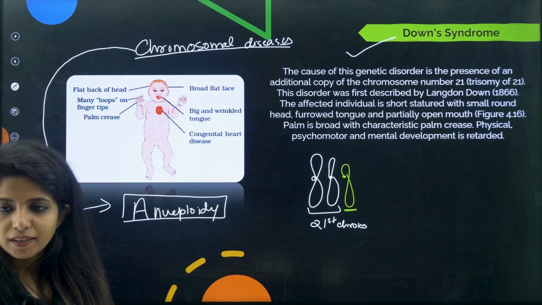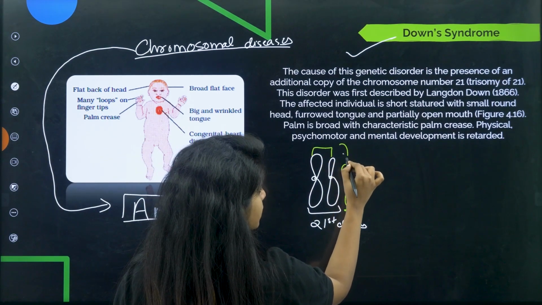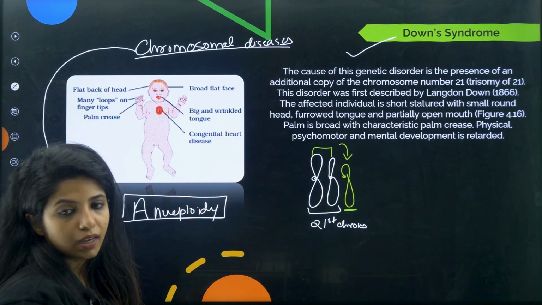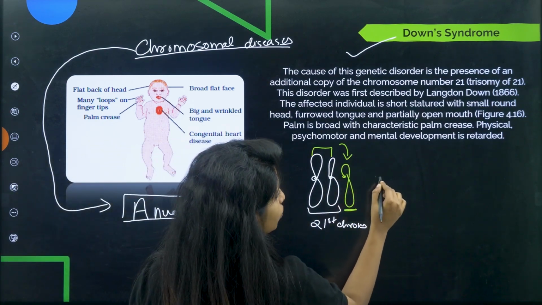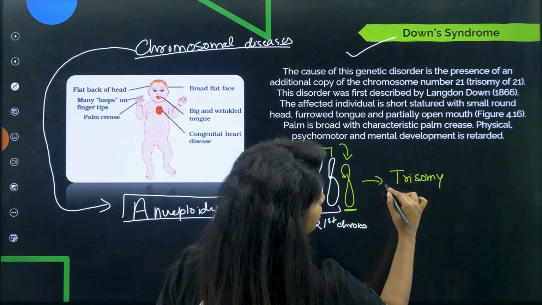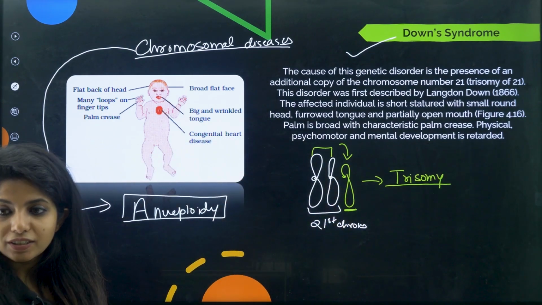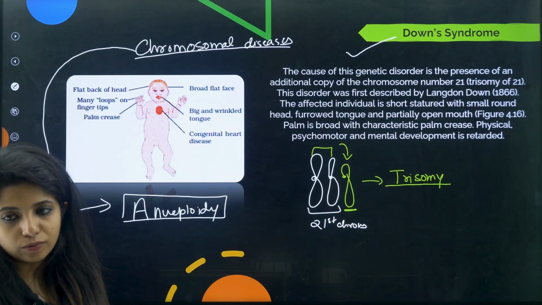So instead of having just a pair, you have one extra 21st chromosome, and since there are 3 chromosomes now, you call it trisomy. You call it what, children? Trisomy, tri as in 3. It's known as trisomy of 21 chromosome.